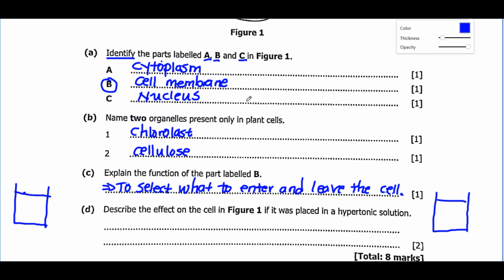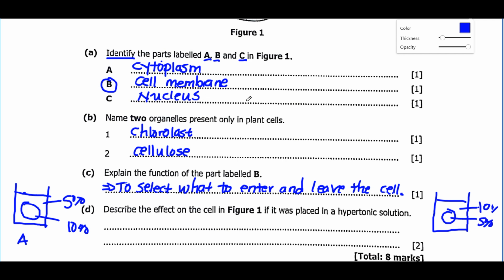In beaker A, we put this cell. Then also here we put the same animal cell, but here we are going to say this is 5% solution in terms of concentration. Then the cell is 10% concentration. Here the solution is 10% concentration. The cell is 5% concentration.